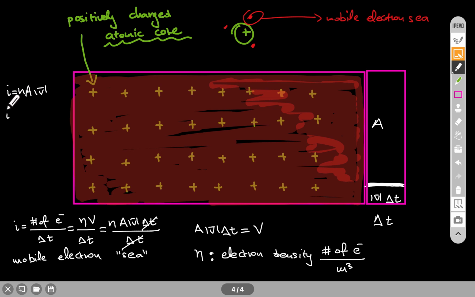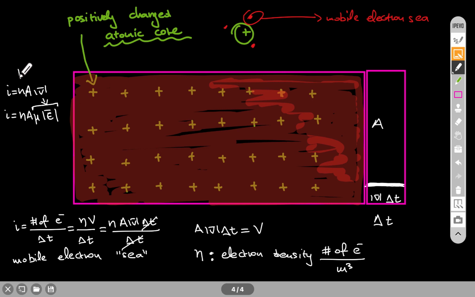If what you have for your conductor is the mobility, and if I remember correctly, for mobility we use the Greek letter mu, and the electric field, you can find the speed by taking the product of the mobility times the strength of the electric field inside the wire.